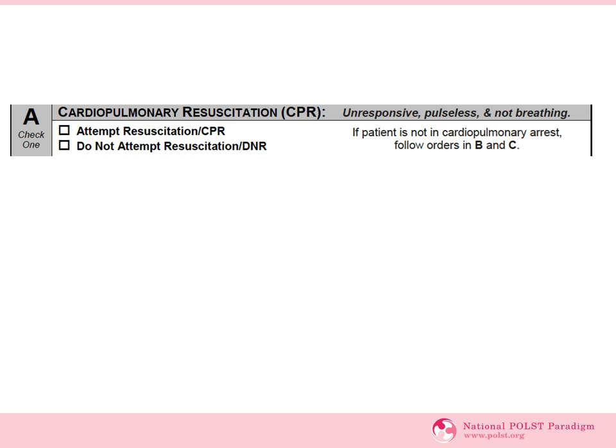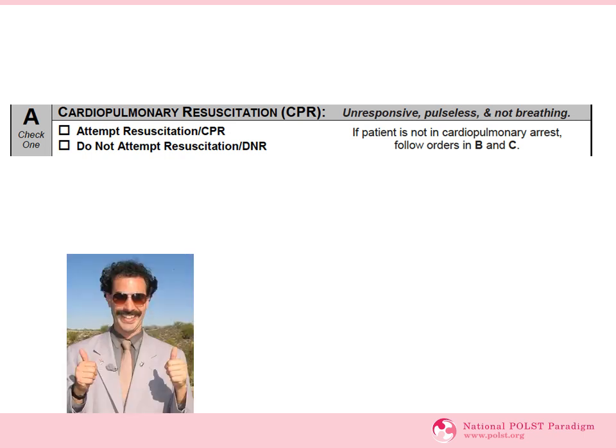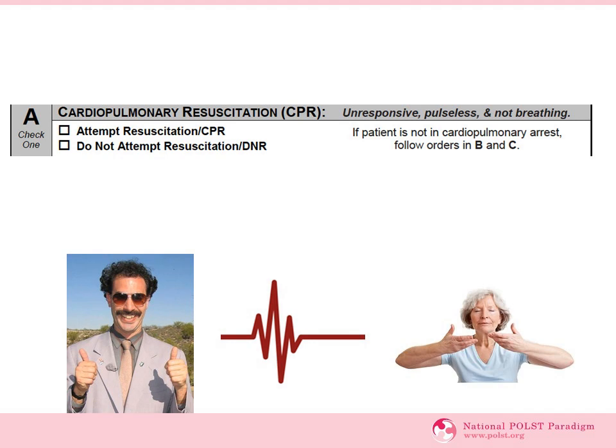And further, and this is important, DNRs tell a very limited story about patient treatment wishes. If a patient is responsive, if they have a pulse, or if they are breathing, then this section is useless in an emergency situation because the question is no longer whether the patient wanted CPR or did not want CPR. The question is what treatment the patient wanted during this medical emergency.